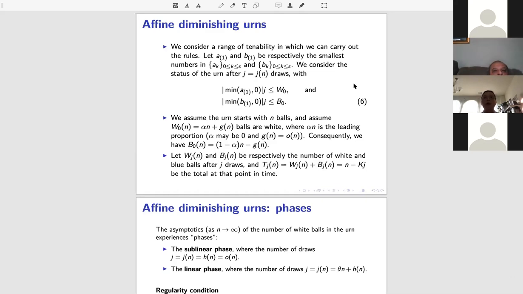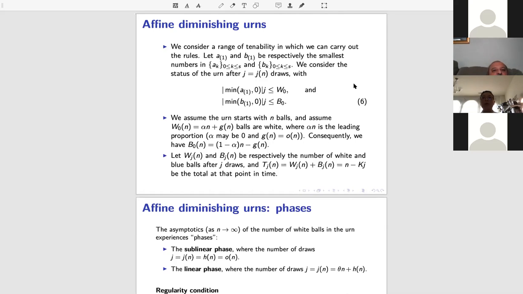So we only consider a range of tenability in which we can carry out the rules. This range is guaranteed by having equation 6. What this is saying is that the maximum reduction we will have is bounded above by the initial numbers that we start with.